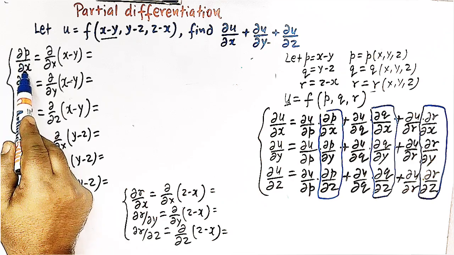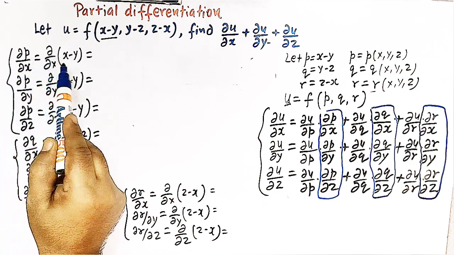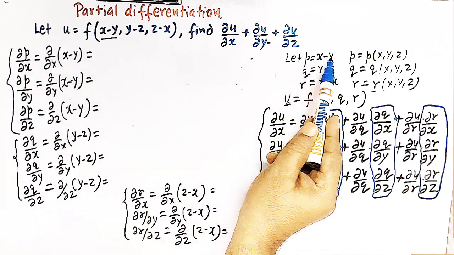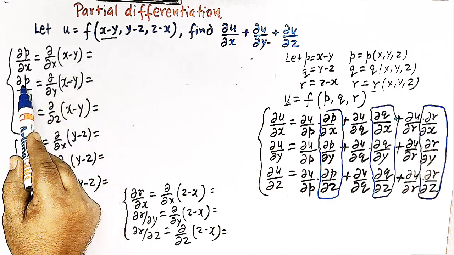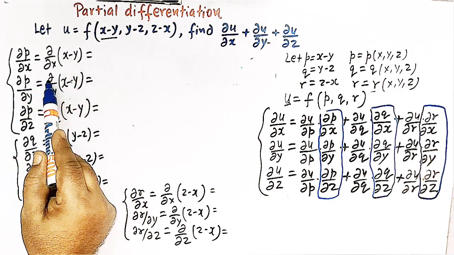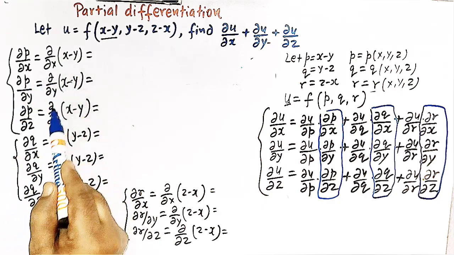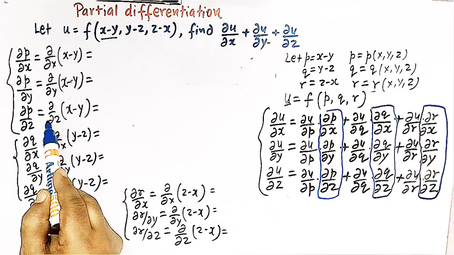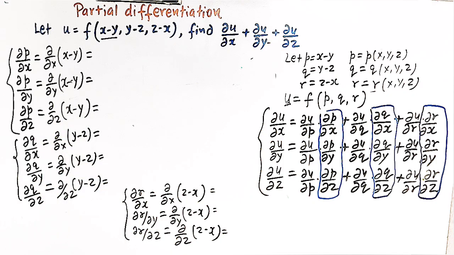So ∂p/∂x is ∂/∂x, and for p we have x minus y. And similarly here we have ∂/∂y of x minus y. Here we have ∂/∂z of x minus y.